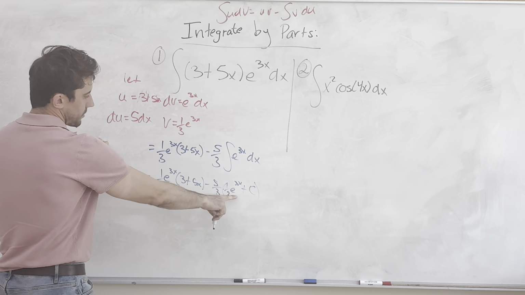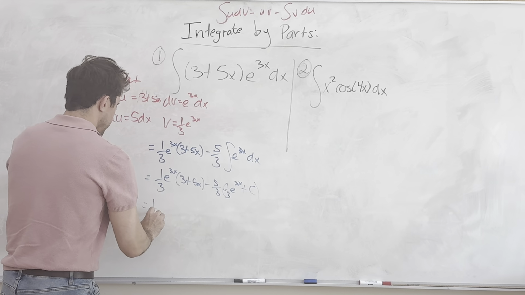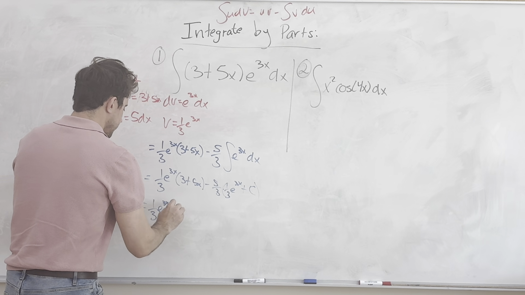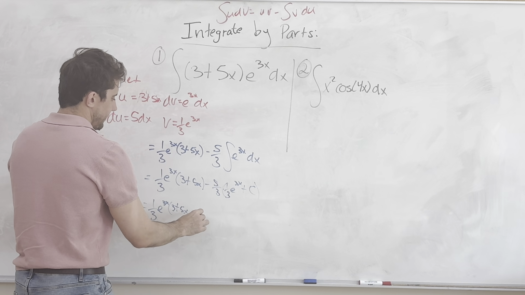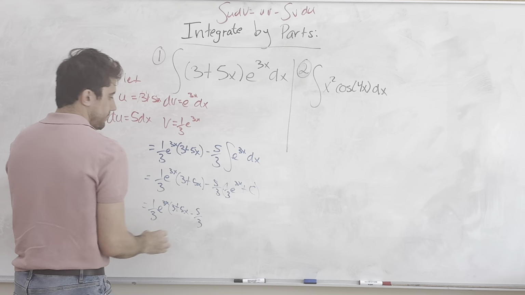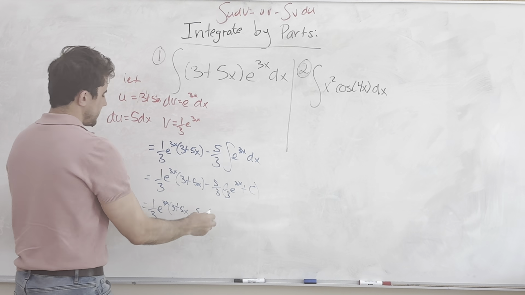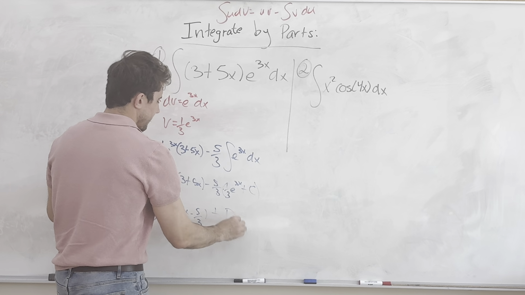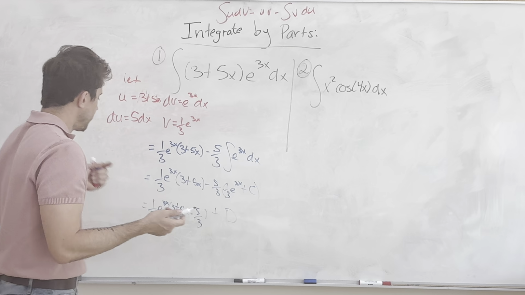There's a 1/3 e to the 3x in both of these, so we could do 1/3 e to the 3x times 3 plus 5x minus 5/3, and then minus 5/3 times c. If you want, you can call it plus d, some other constant that's different than c, whatever you want to do.